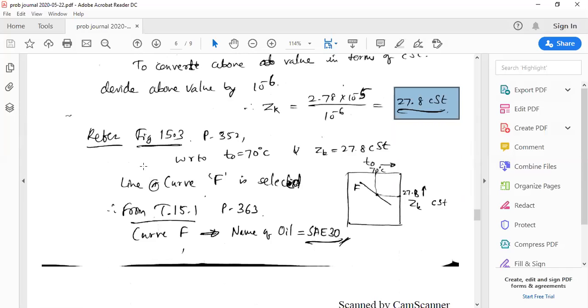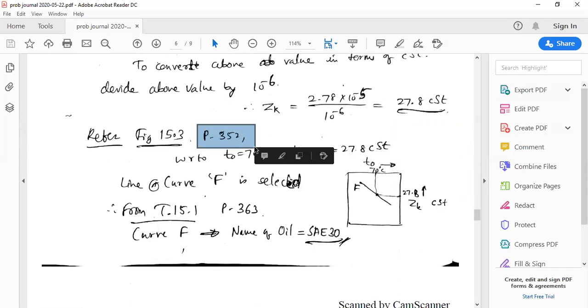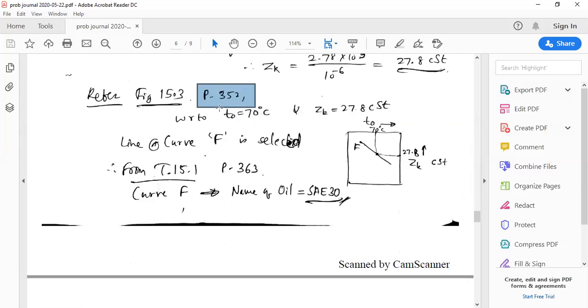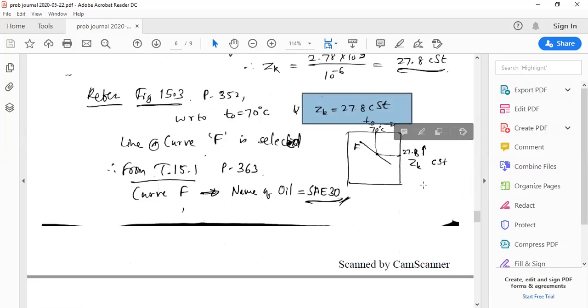Now refer to figure number 15.3 given in page number 352 with respect to the operating temperature along the top abscissa, 70 degrees centigrade, and Zk kinematic viscosity 27.8 centistokes along the ordinate, which is given on the right side of that figure.